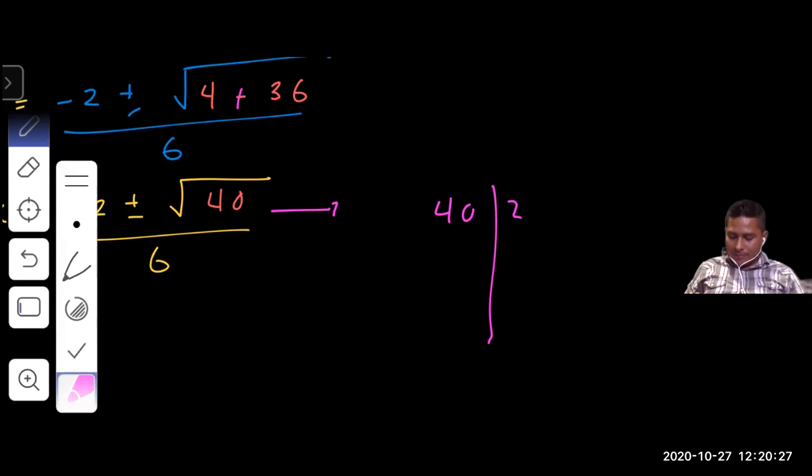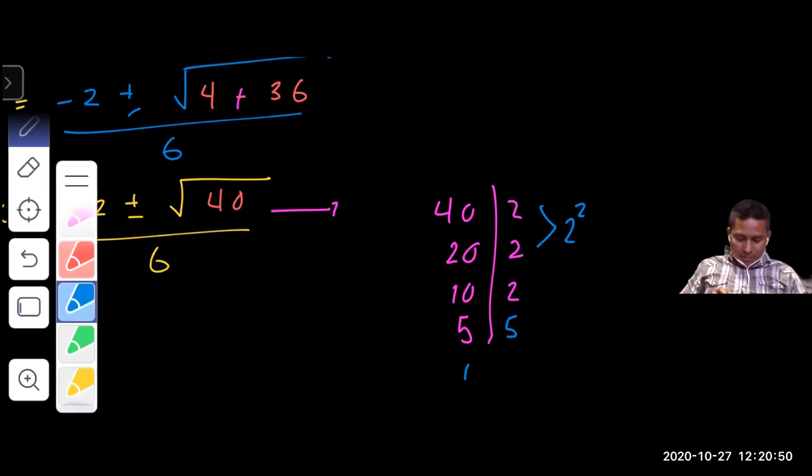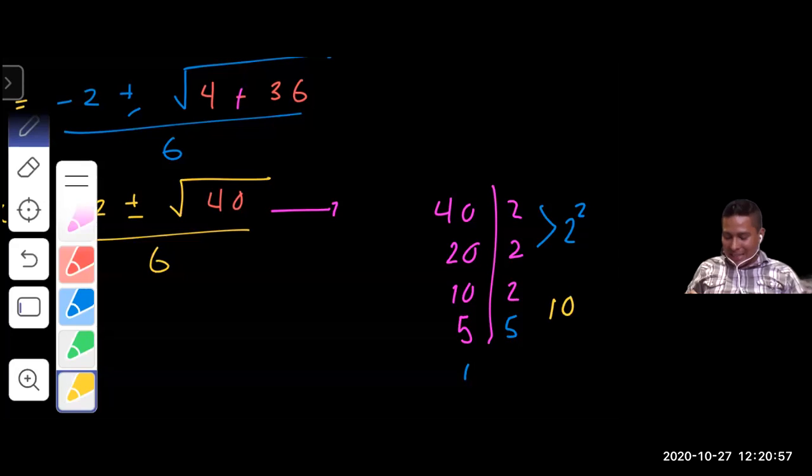Half of 40 is 20, half of 20 is 10, half of 10 is 5, half of 5 is 2.5, no, we need to use the fifth part. The fifth part of 5 is 1. We need to make groups of 2. I can make these 2 a square, and 2 times 5 is 10.